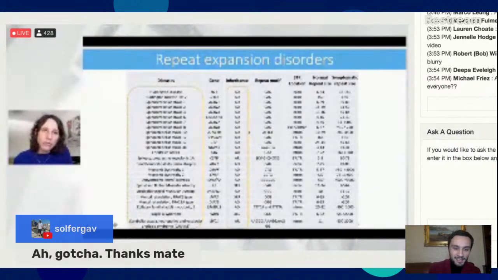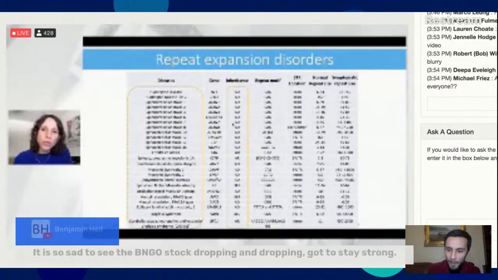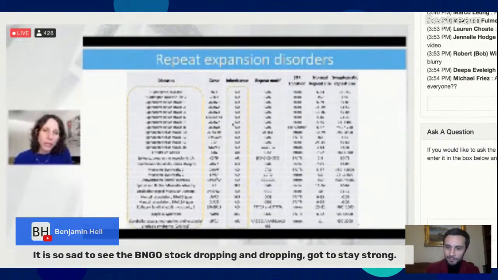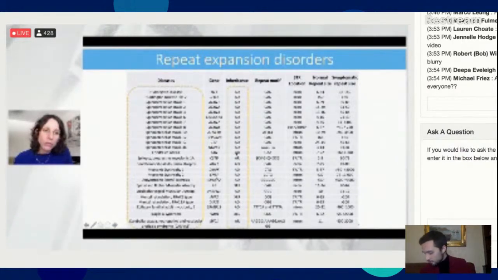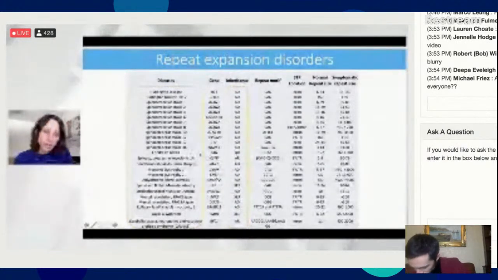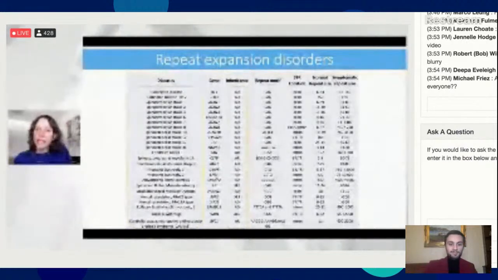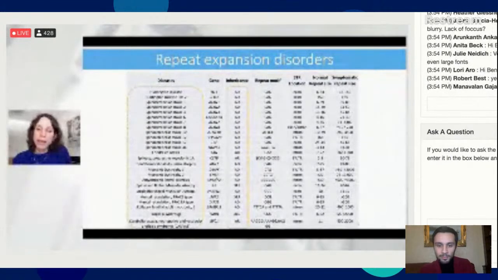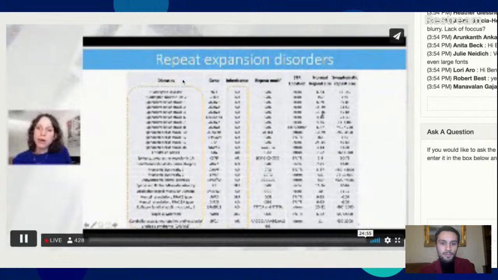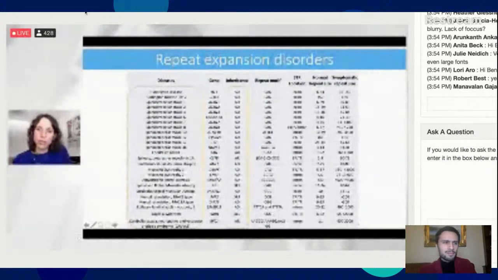Looking at inheritance, repeat expansion disorders are mostly inherited as autosomal dominant, but also as autosomal recessive, such as in Friedreich ataxia or in CANVAS repeat, and also as X-linked dominant, such as Fragile X syndrome. The extent of the expansion, so how much an STR expands to become pathogenic, varies depending on the STR location within the genomic region.